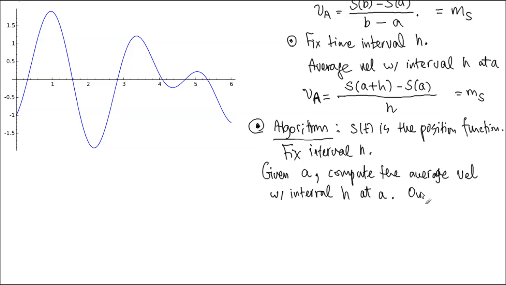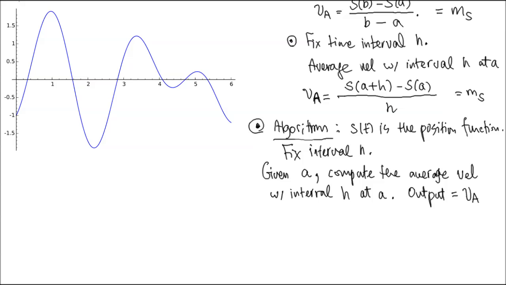That's our output. You do all that, compute, and the output is that v_a. So this is a description of an algorithm. It is not a formula. It's a direction, and you understand this direction is clear, right?